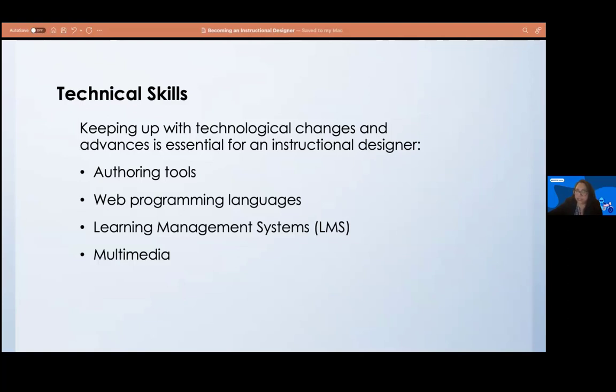Also, an instructional designer should know about the two primary standards to deploy in LMSs, which are SCORM, which stands for Sharable Content Object Reference Model, and xAPI, which is the Experience Application Programming Interface, also known as the Tin Can API.